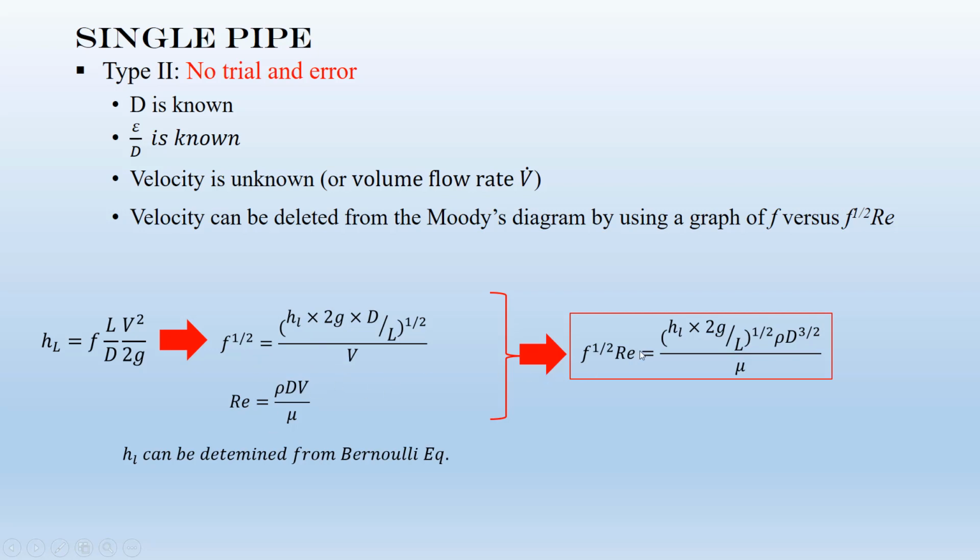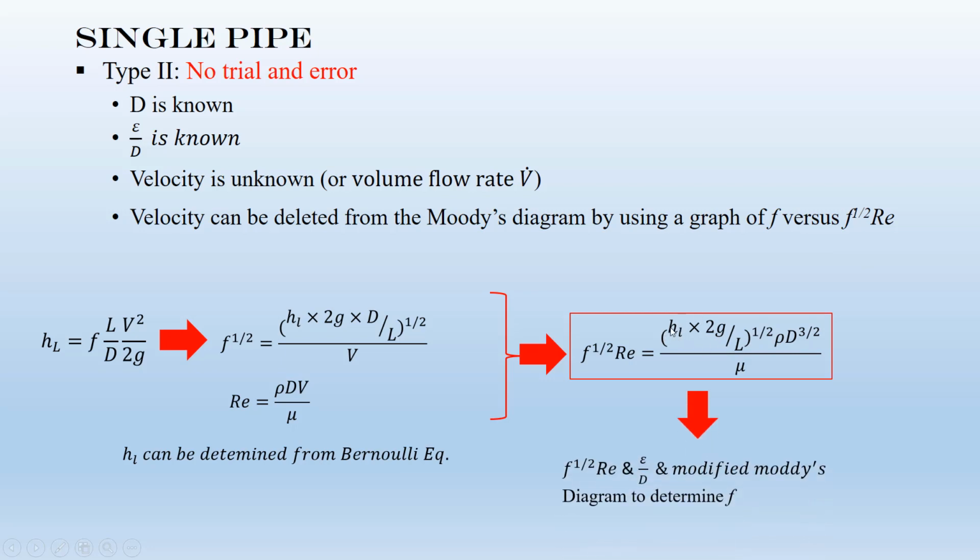And look, this product is independent of the velocity, correct? So if you plot f, the friction factor, versus this product, you can find the friction factor. So you can find the HL from the Bernoulli equation in this equation.